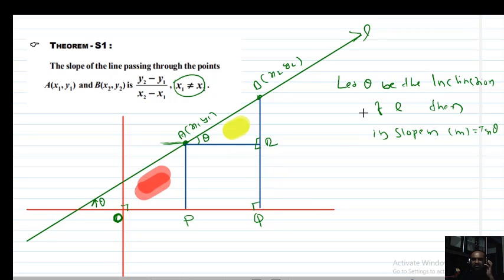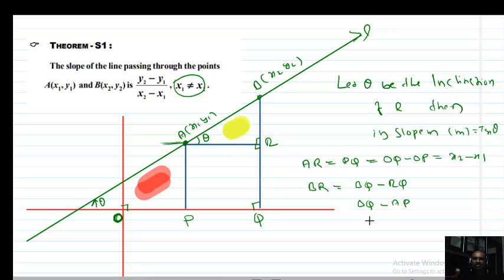Okay, now students listen, I want the length AR. AR is nothing but PQ, and PQ is nothing but OQ minus OP. That is nothing but x2 minus x1. And BR I want, BR equals BQ minus RQ, or BQ minus AP.